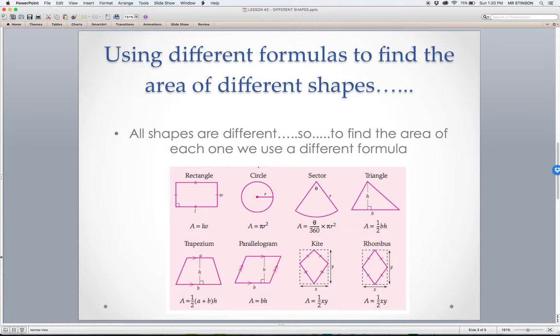A circle is area equals pi r squared. A triangle is A equals half times base times height. A trapezium is half times (a plus b) times h. A parallelogram is area equals base times height. There's a couple more on there that you can have a look at while you're watching this video as well.